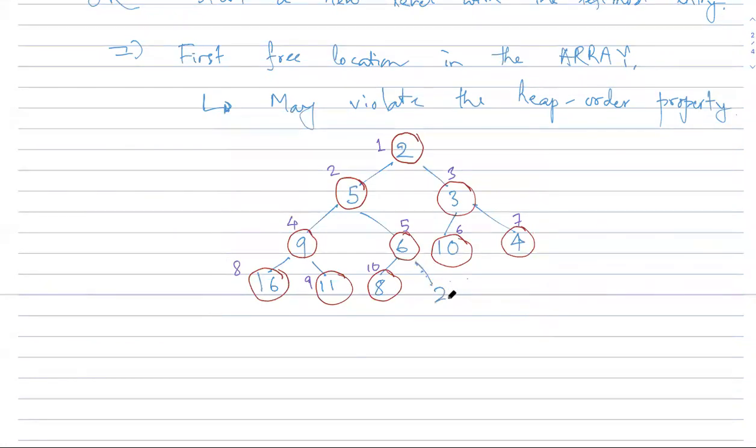So we added, let's say, 2 to the tree. So you have to add a 2 to the tree. Clearly it violated here. So we need to bubble this up.